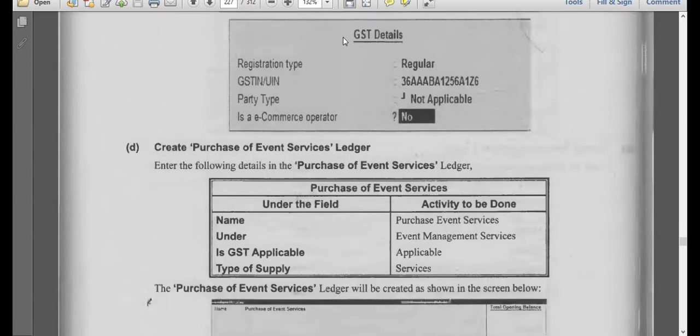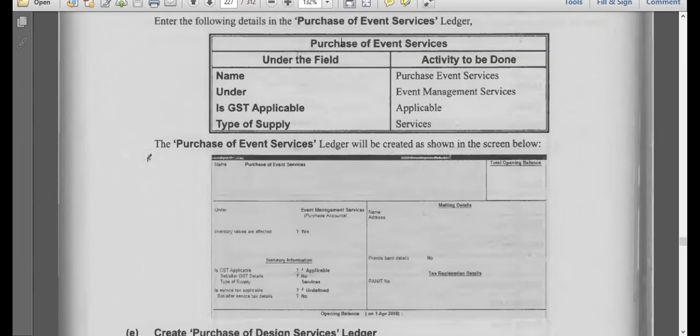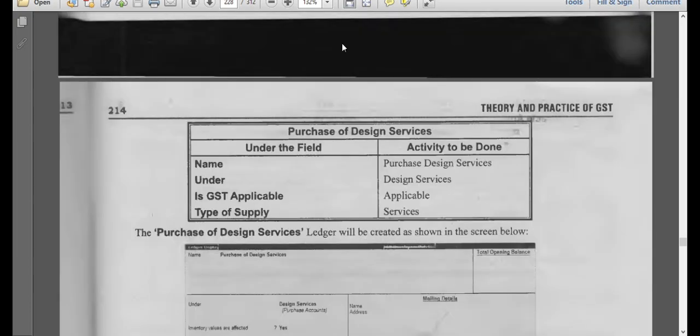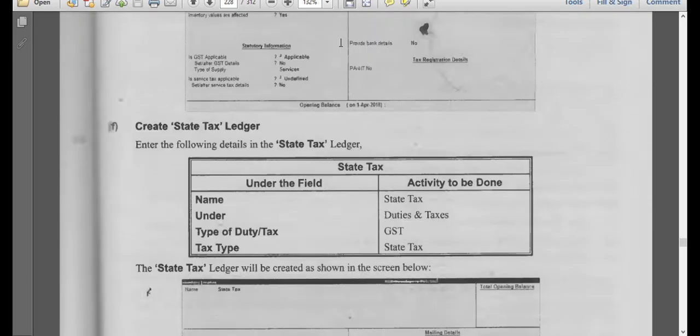Next, purchase of event services. Purchase of event services, purchase of design services, both we have to purchase.